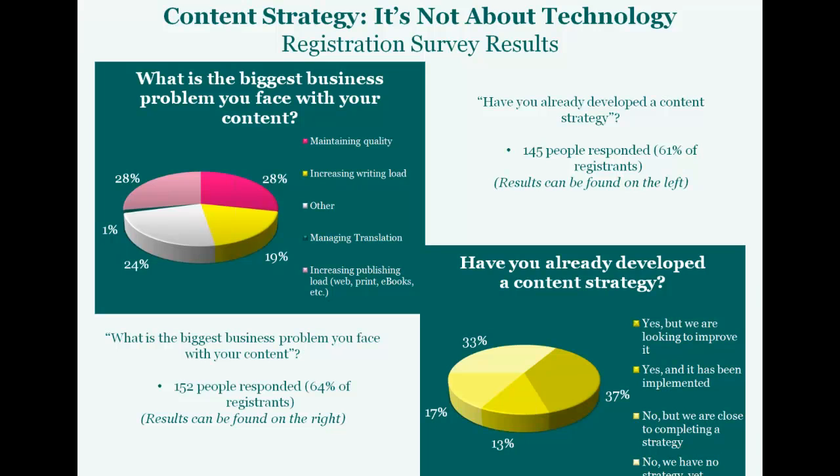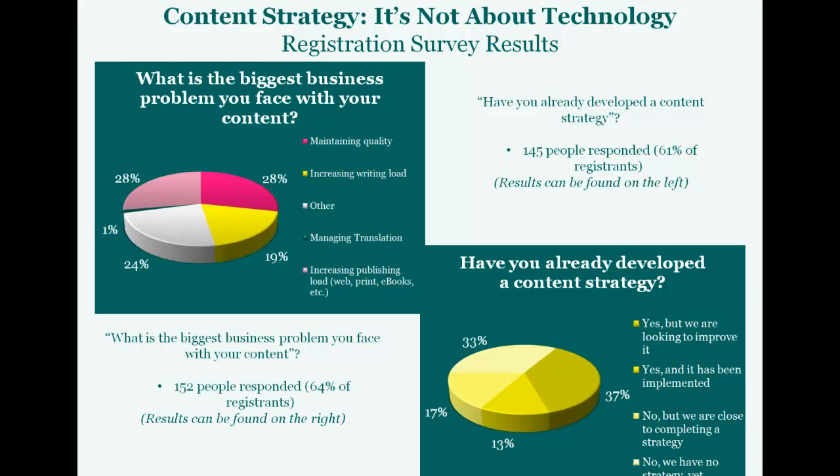If we take a look at the issue of what is the biggest business problem you face with your content, we can see that the largest component, 28%, is maintaining the quality. There's also issues of increasing writing load, translation, publishing, and a number of other issues. So almost one-third of the people who responded felt that quality was the major issue.